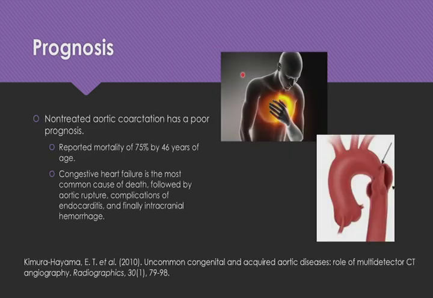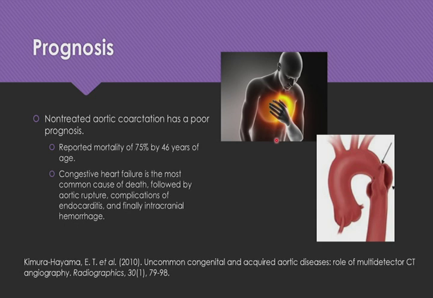Okay, the treatment in these patients is an urgency when the patient presents signs of congestive heart failure. In these cases, the main options are surgical resection of the site of the coarctation with end-to-end anastomosis, or also balloon dilation. Non-treated patients have a poor prognosis.